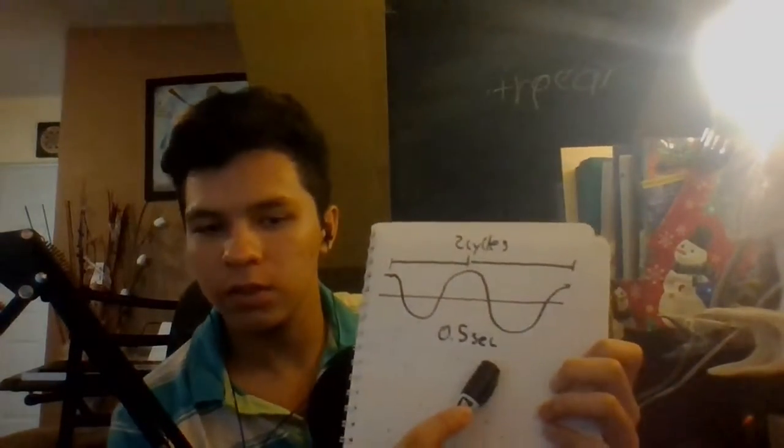So we have two cycles, and we will suppose that the time taken to do these two cycles is 0.5 seconds. It's a lot of time for a wave, but it's just an example. So we have two cycles in these 0.5 seconds.